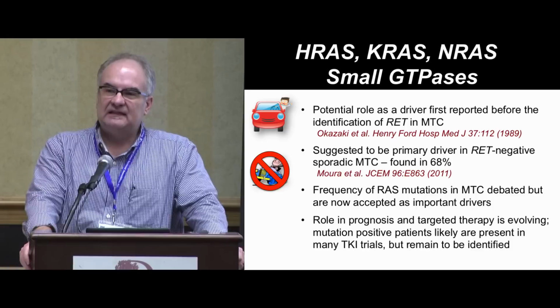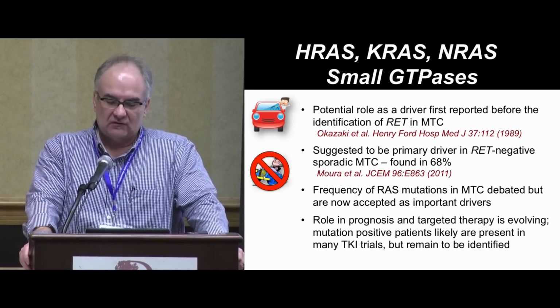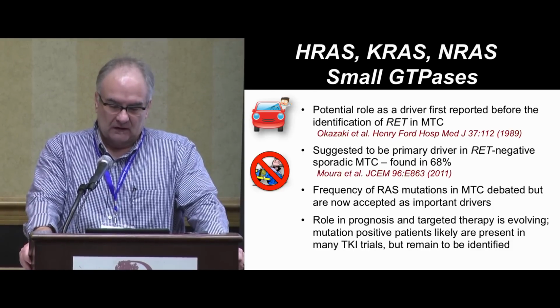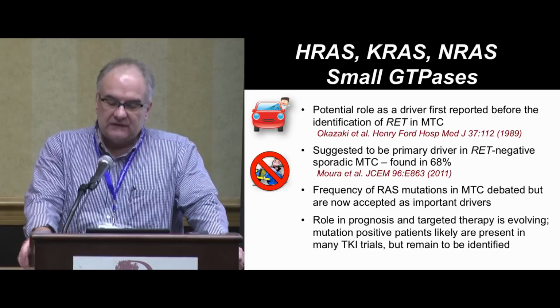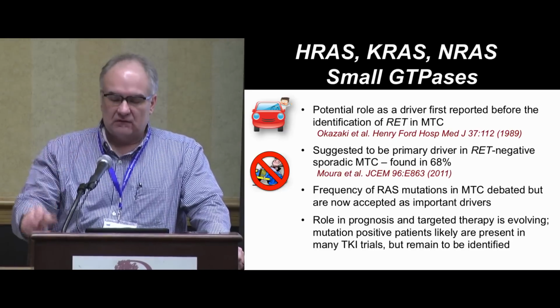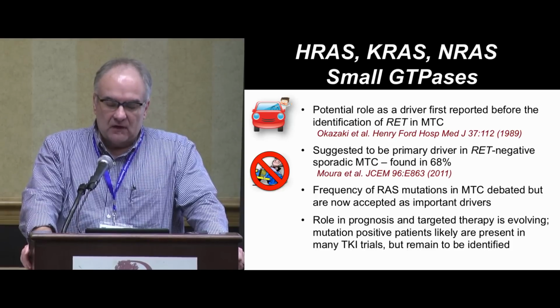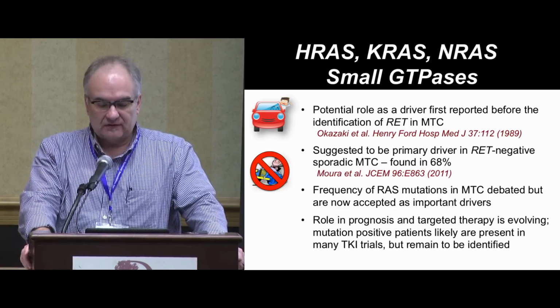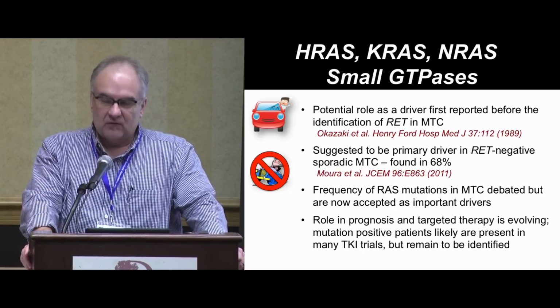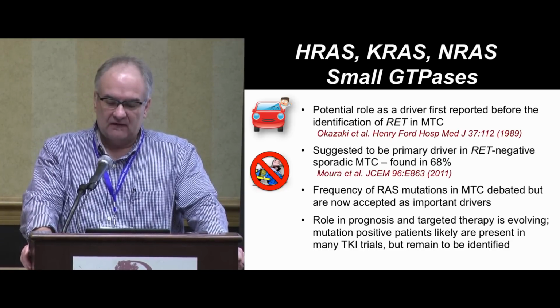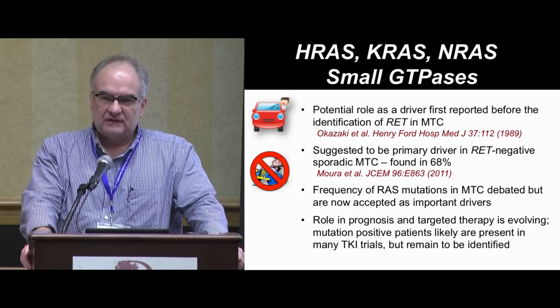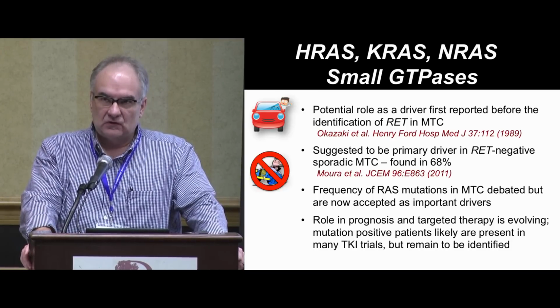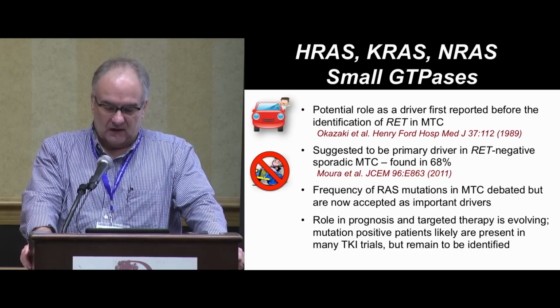Back in 1989, it was found that RAS was elevated in some tumors. The more recent studies that went back and looked at RAS found that most tumors that are RET negative were in fact RAS positive. In this one study published in 2011, they found that 68% of non-RET tumors were in fact RAS positive.